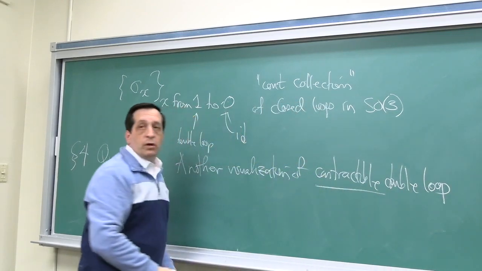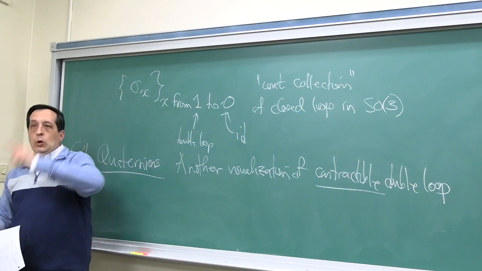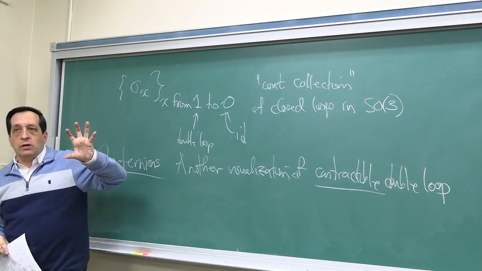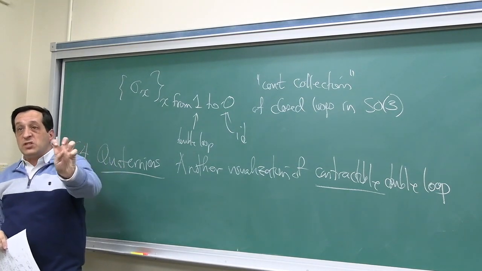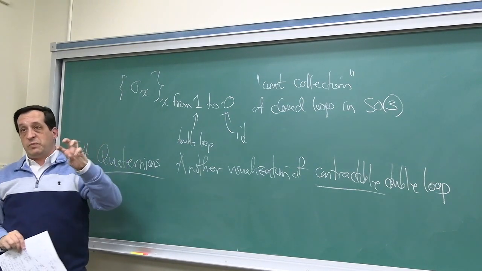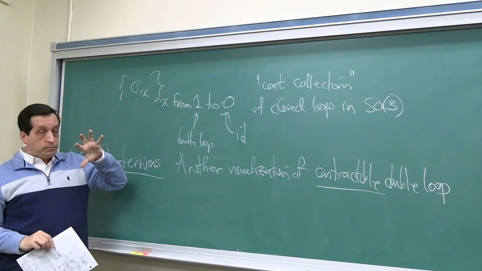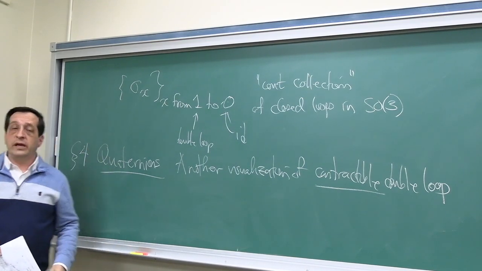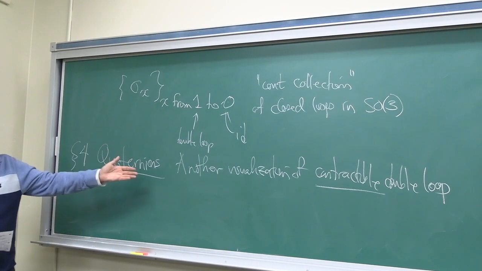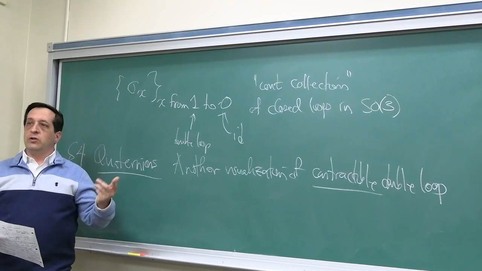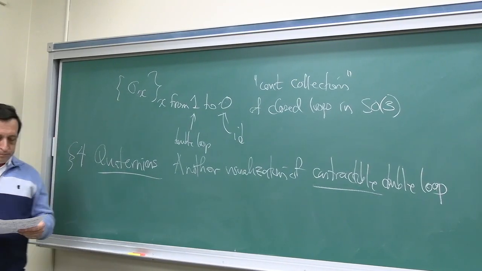Right, so contractible is what we say when you have a loop in a space, and you can continuously shrink it to a point within the space, here the space being the space of rotations, without snipping it. Okay? So I want to visualize this contractibility of the double loop in a different way.